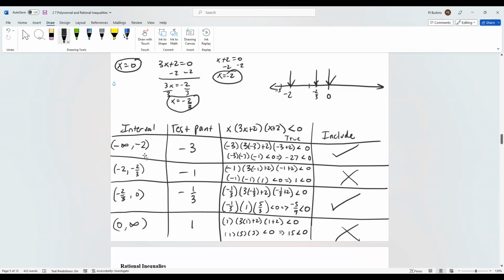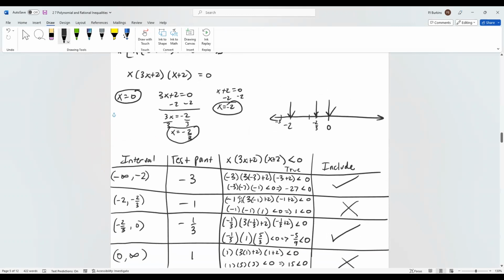So our solution set includes the first interval and the third interval. So if we were to write that, the solution set is -infinity to -2, union -2/3 to 0. So we're talking about this region and this region.